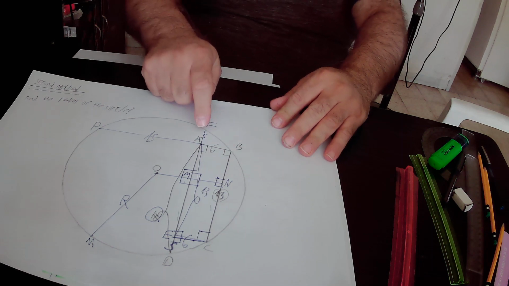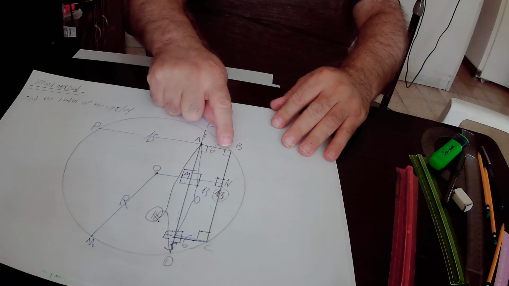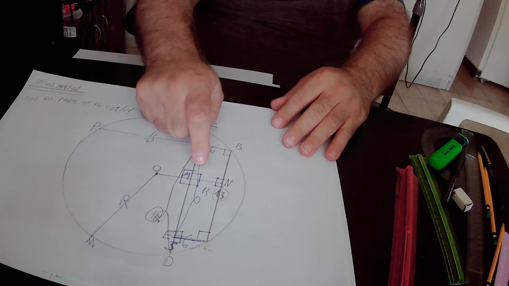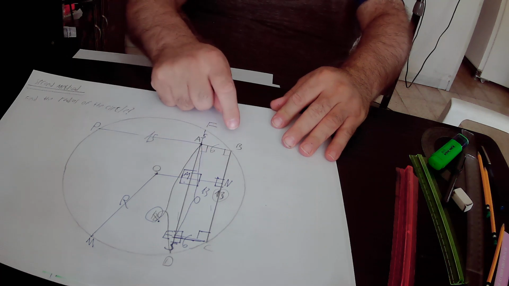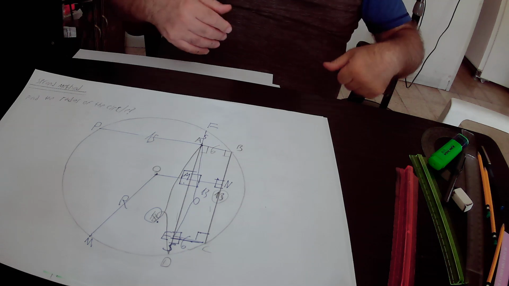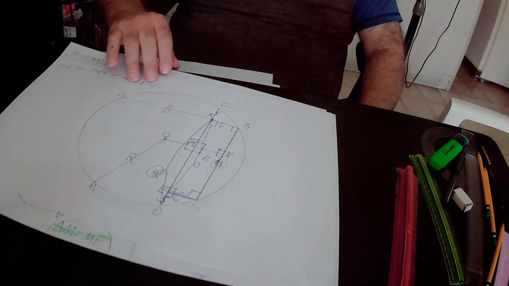Inside quadrilateral ABMN, we have 1, 2, 3 right angles. Therefore, the fourth angle must also equal 90 degrees, and therefore quadrilateral ABMN is a rectangle. And we know that the opposite sides of a rectangle are equal to each other. That is to say, AM equals BN.